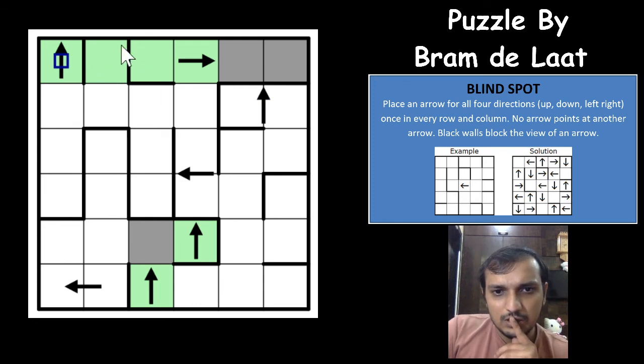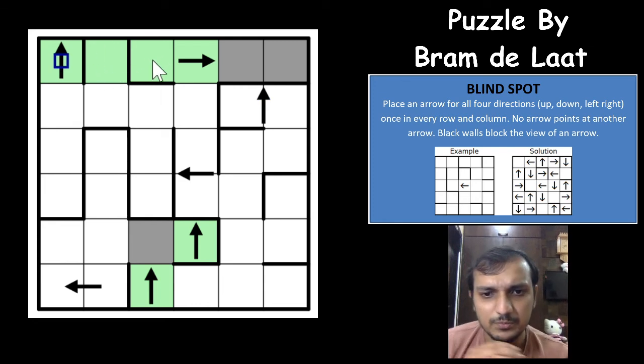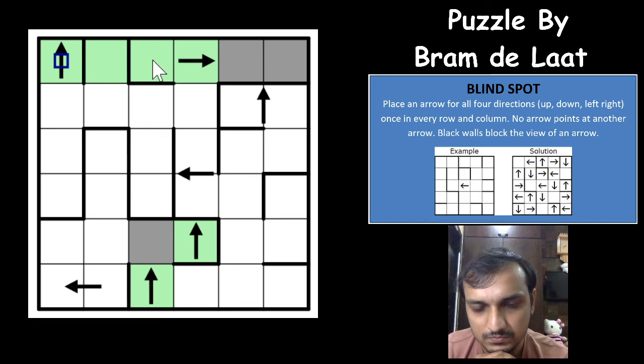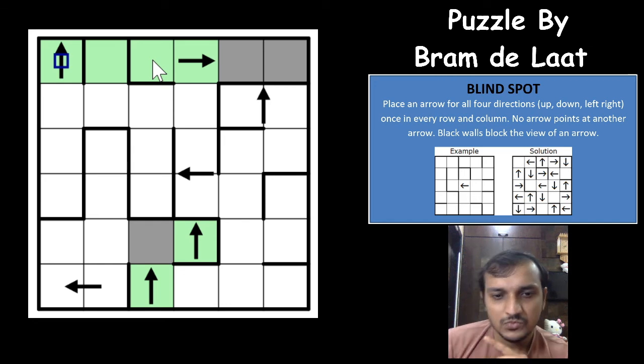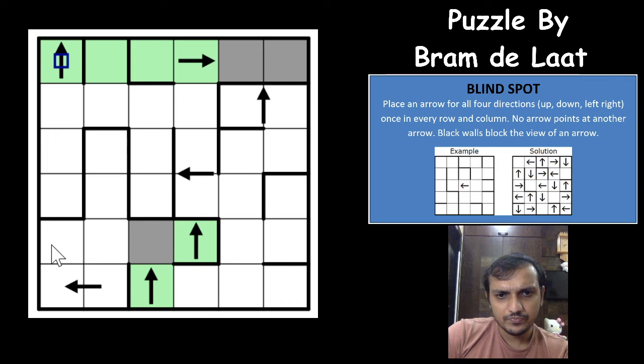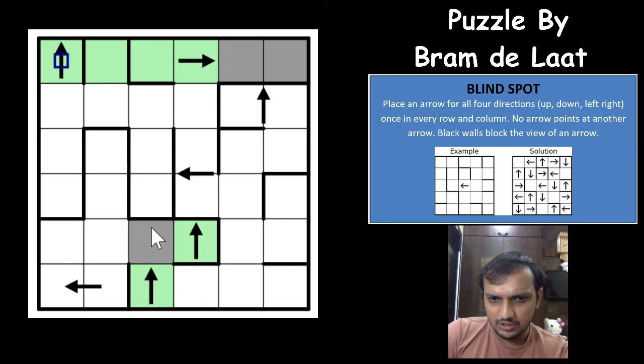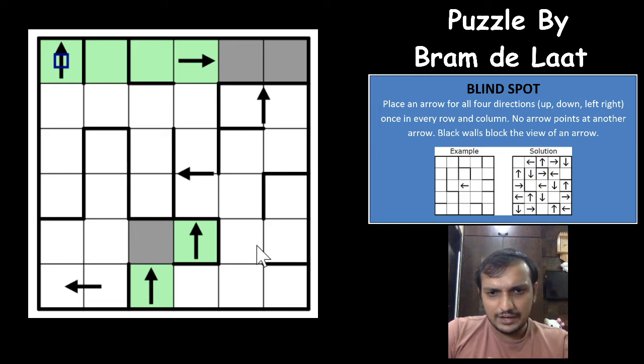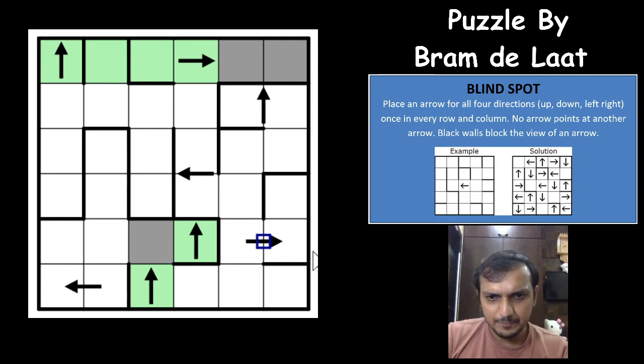So you'll have the lower and the left here somewhere. And if you see now, right arrow in this column, in this row, cannot be in any of these two cells. So right arrow will have to be somewhere in these two cells, right?